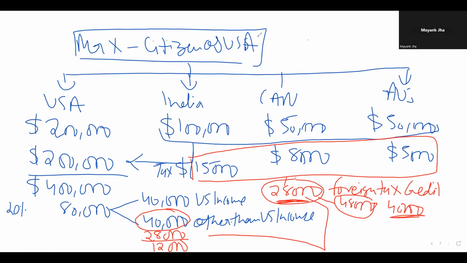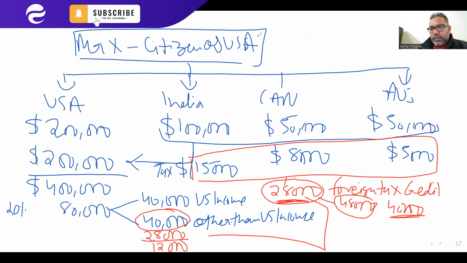Sir, I want to know that you had written in the red foreign tax credit of 48,000. I'm not able to get that. I'm saying the other scenario. In our scenario, 28,000 is the tax we have paid in another country, whereas in US it was 40,000 on the same income.